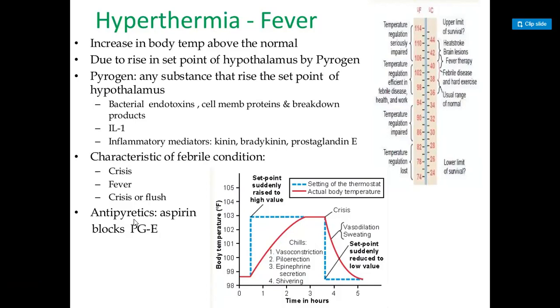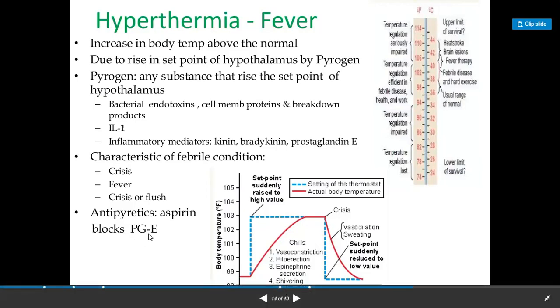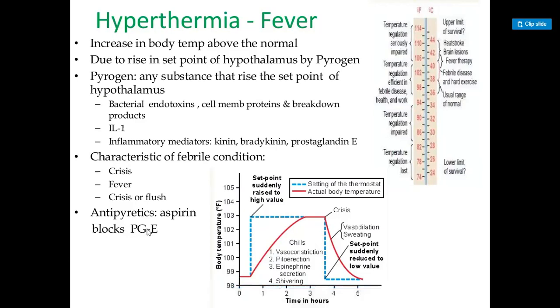And they do that by blocking prostaglandin E, because we said that prostaglandin E is a pyrogen. It causes temperature to increase. So when you take this drug, an antipyretic, it will block prostaglandin E, and that will lead to a decrease in temperature.